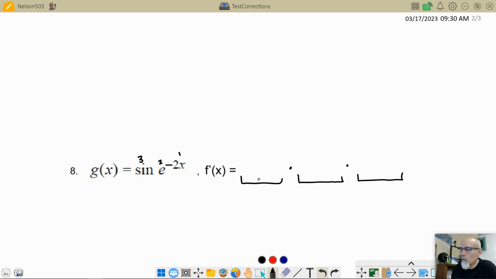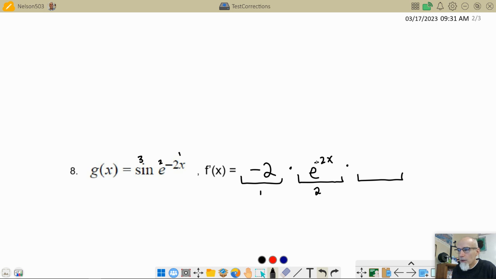So layer number 1, what's the derivative of negative 2x? That's negative 2. Layer number 2, what is the derivative of e to a power? Well, that's just e to the power. And you leave the inner function alone now. I'm taking the derivative of this second layer, and here it is, e to the negative 2x.